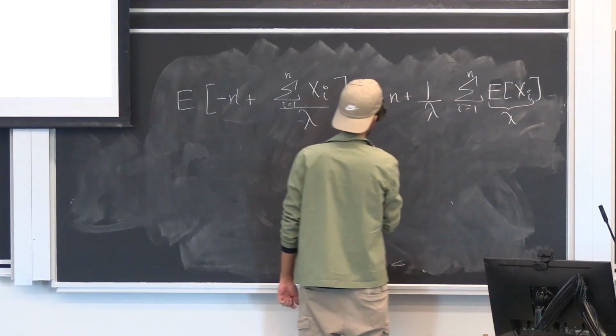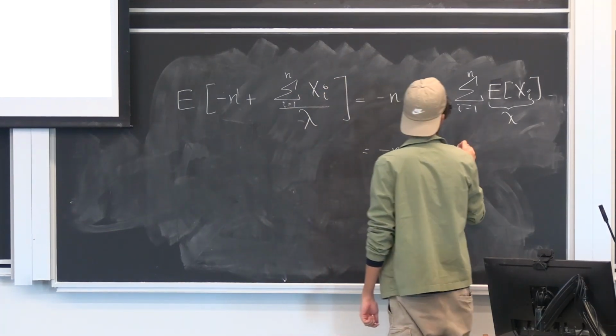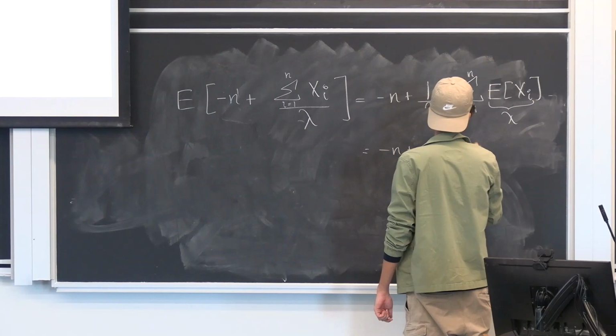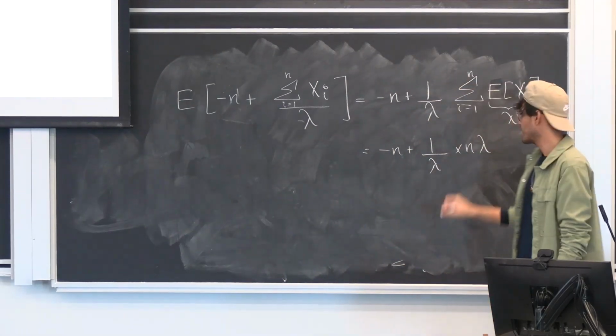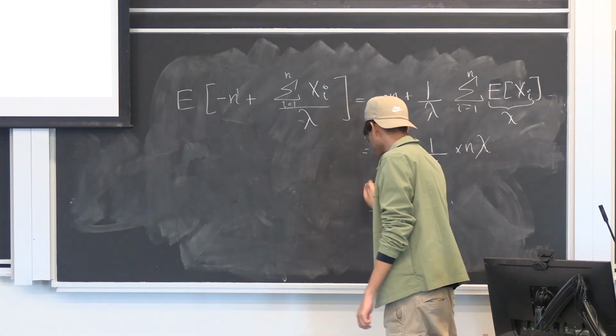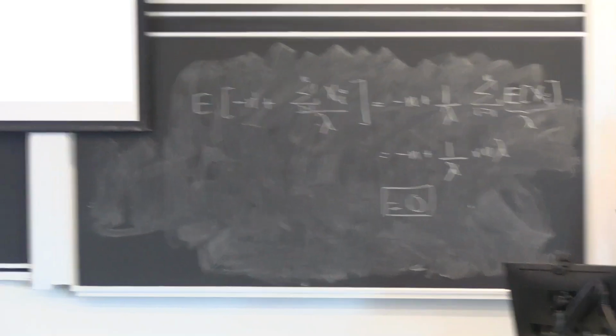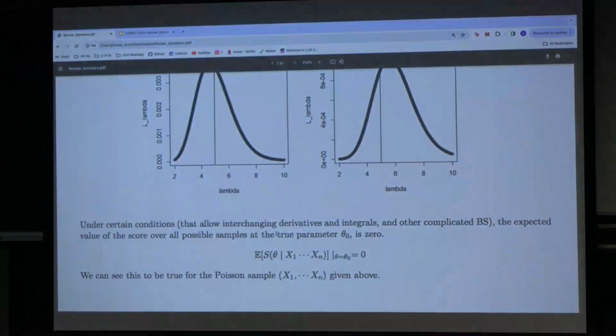So then what do we have? Lambda, and the lambdas cancel out. You get 0. Lovely. Okay. Questions?